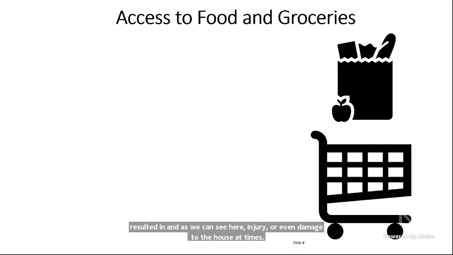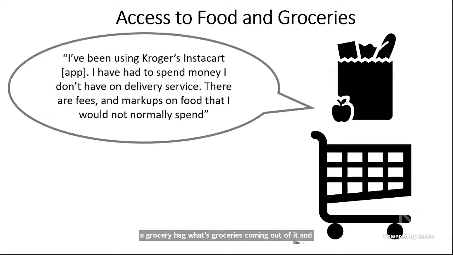We did ask about access to food and groceries as well, so essential items, and food and groceries emerged as a worsened activity, if you will. I have pictures here of a grocery bag with some groceries coming out of it and then a grocery cart.